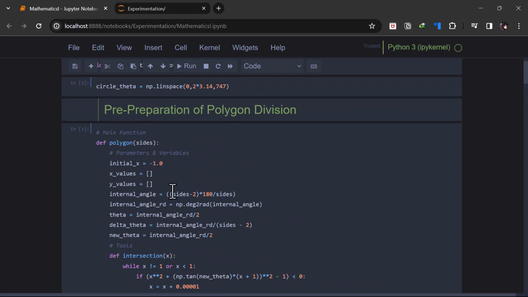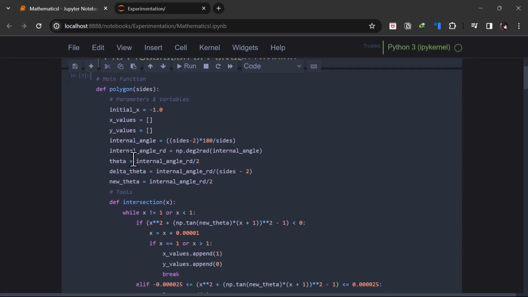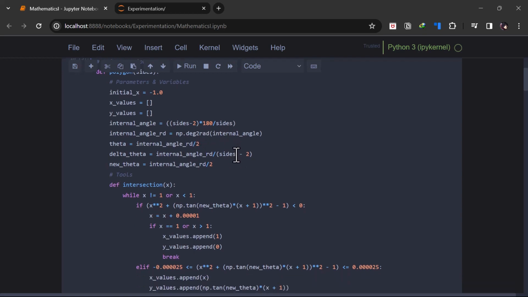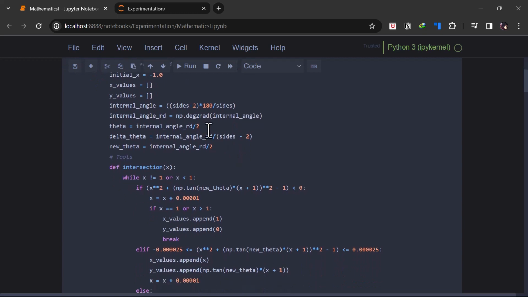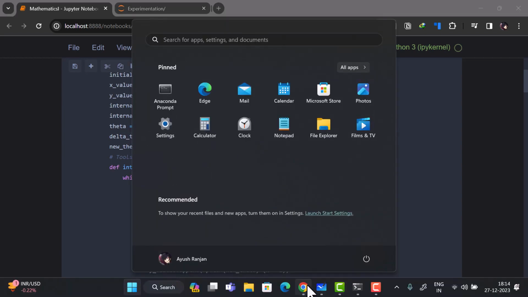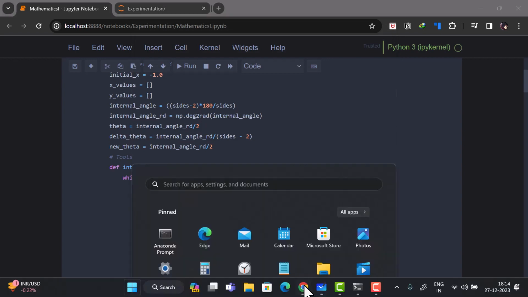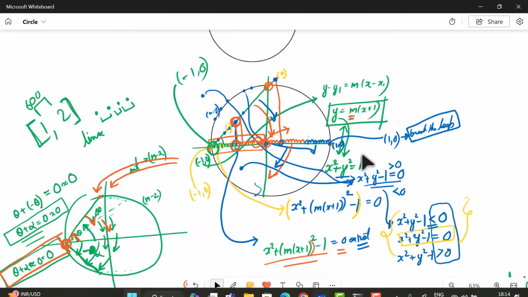Then the internal angles, as I've discussed, this is the formula: sides minus 2 times 180 divided by the number of sides. And I've converted this internal angle into radians as well, by using the degree to radian method of the NumPy library. Then this is the initial angle of the first line.